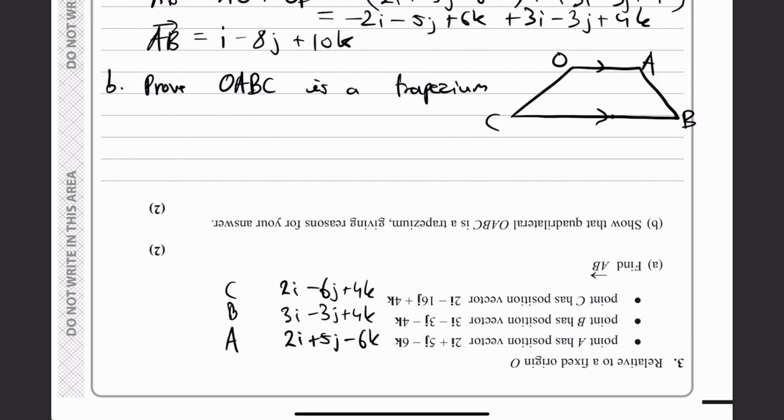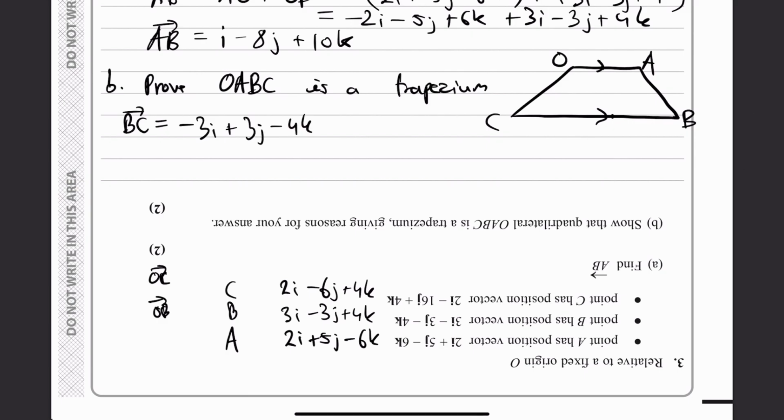So we've got OA, and now we've just got to work out BC. If we use the same method as before, this is OB and this is OC. So BC is just going to be the negative of this, negative 3i plus 3j minus 4k, plus OC.